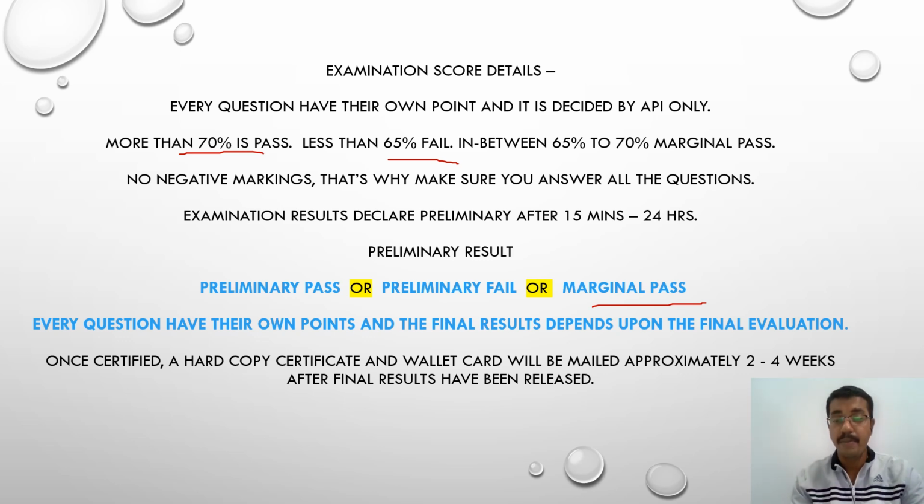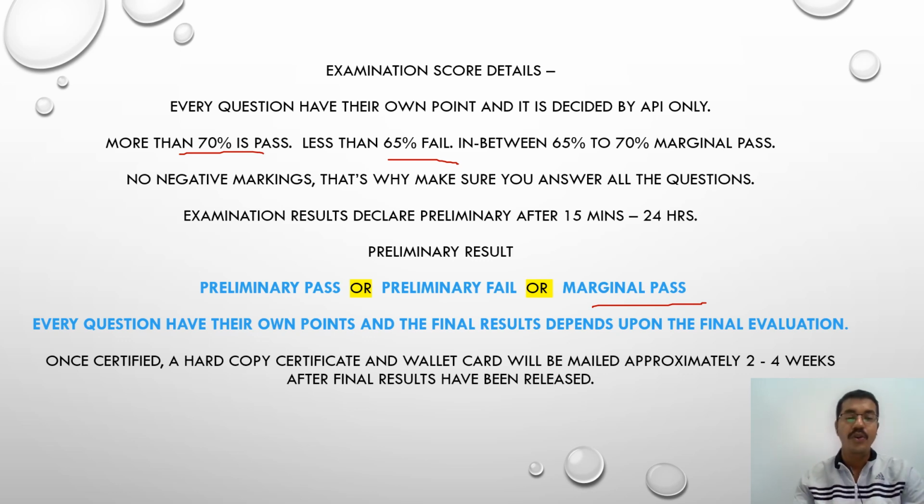What is the possibility of pass or fail? There is a 70-30 chance. If you get a marginal pass, I believe there is a 70% chance you pass and a 30% chance you fail. Many students usually pass from marginal pass. For that reason, you have to wait 6 to 8 weeks to know whether your exam is pass or fail. That is called marginal pass.